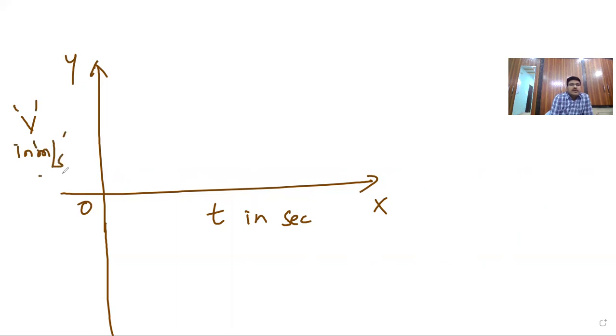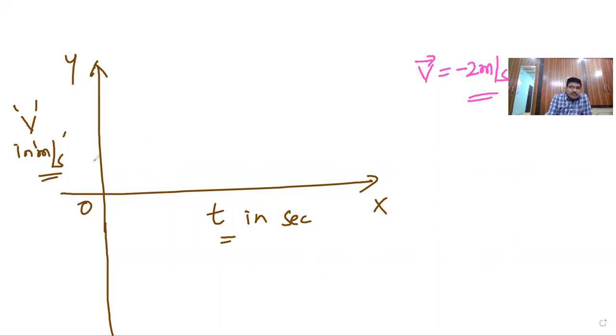We are plotting the velocity time graph from the data of the displacement time graph. The velocity we got is minus 2 meter per second. It is negative.